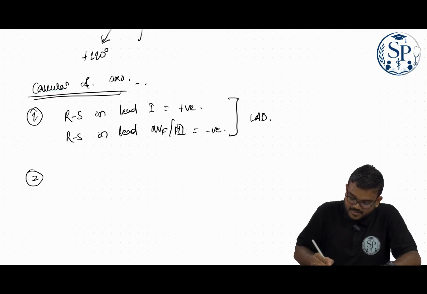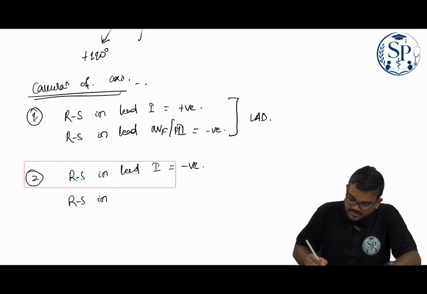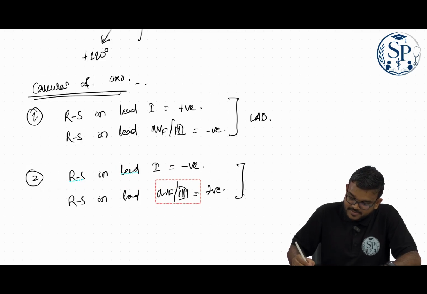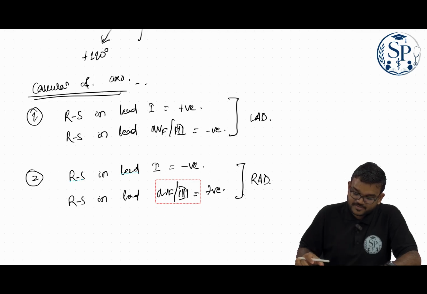If the R minus S wave in lead 1 is negative and the R minus S in lead aVF or lead 3 is positive, then it is right axis deviation.